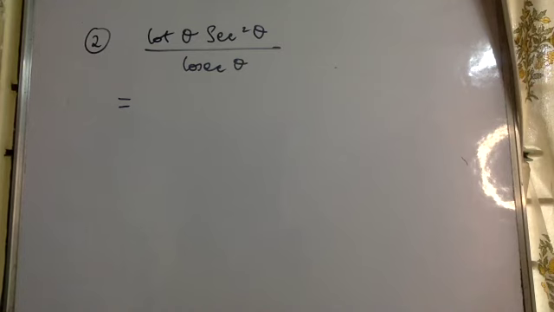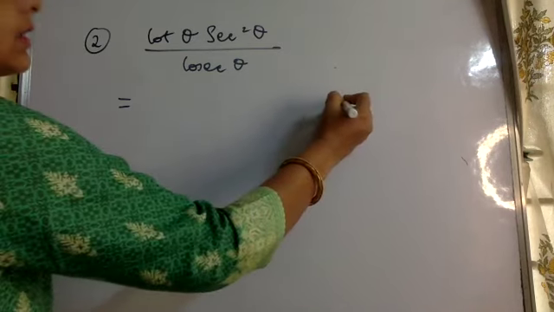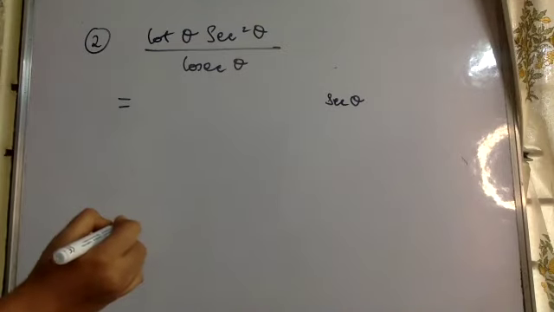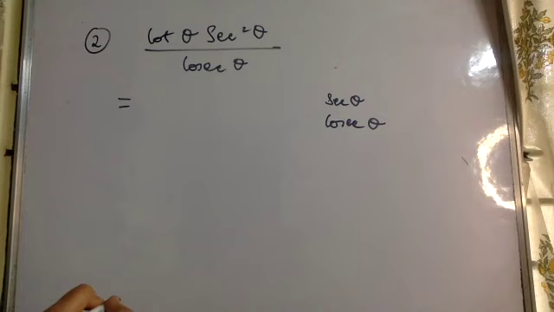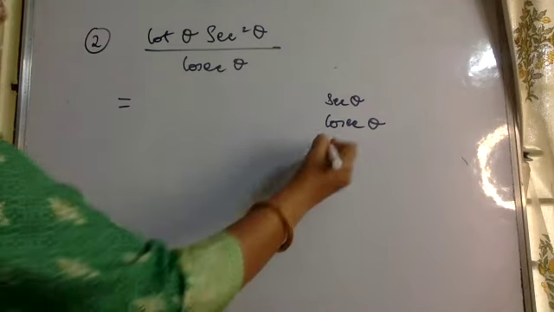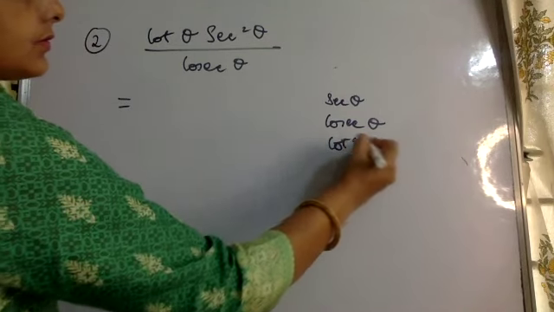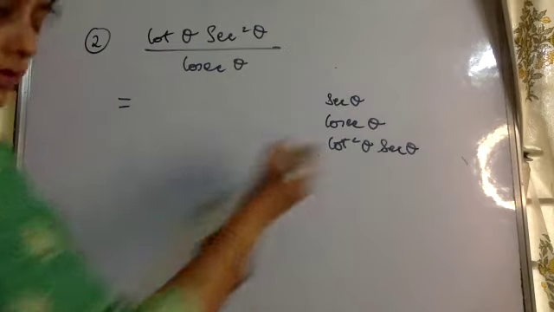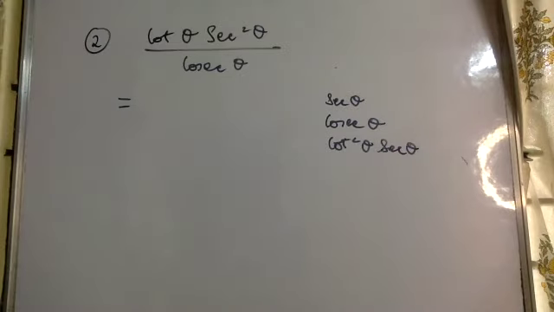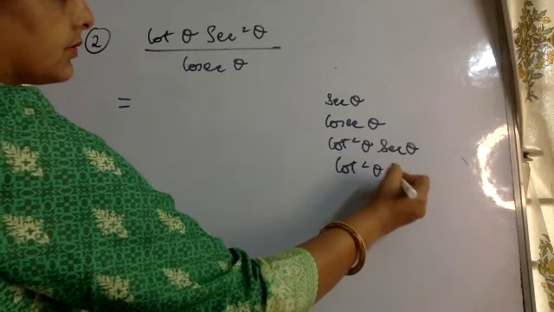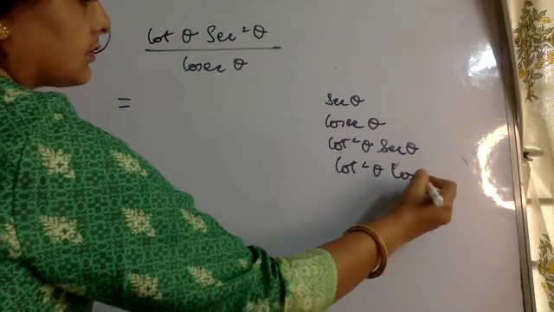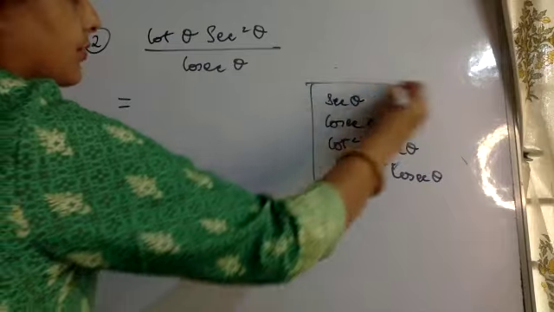One of the options is sec theta, option 1, second option is cosec theta, the third option is cot square theta, sec theta, and the fourth option is cot square theta, cosec theta. So these are the 4 options which have been given to us.